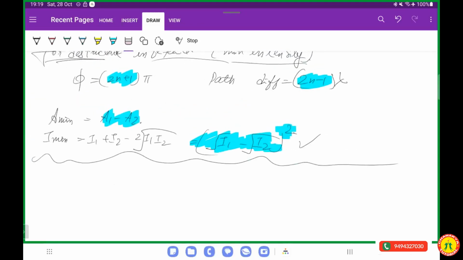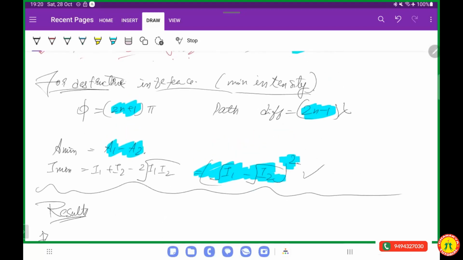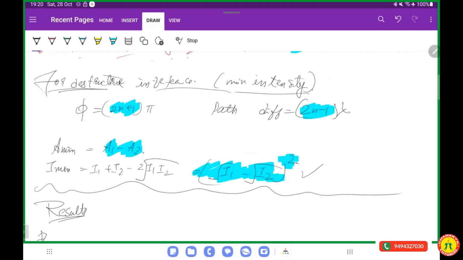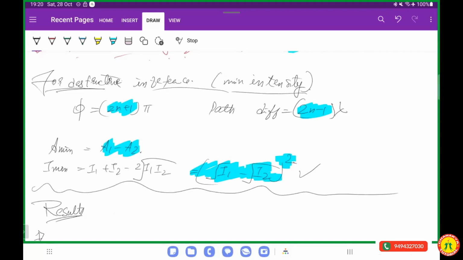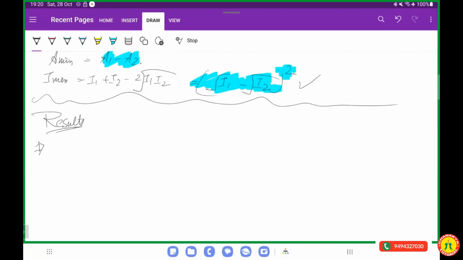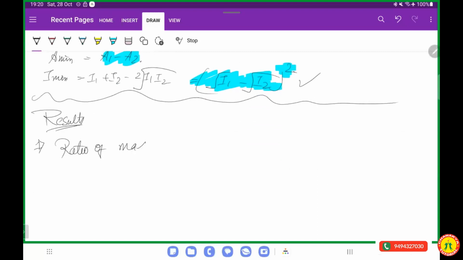Chalo. So what are the results here? First one, we will write the ratio of maximum and minimum intensities in interference.